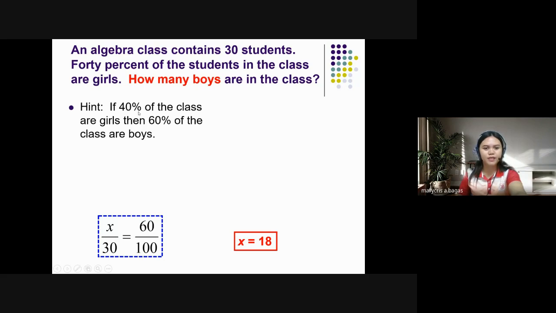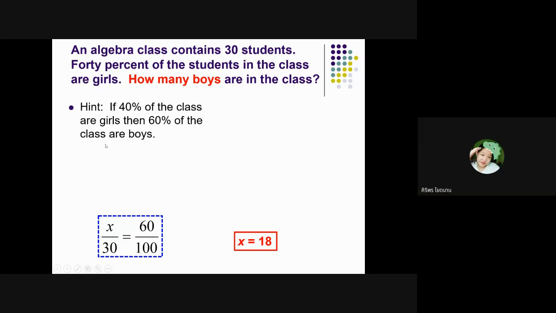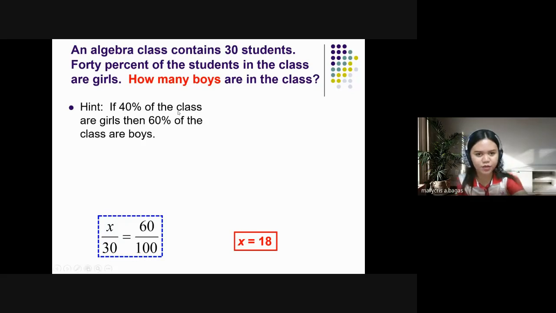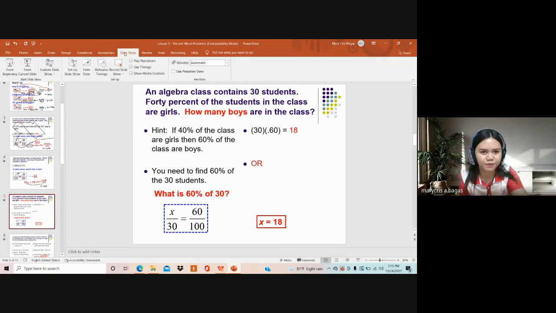So if 40% of the class are girls, then 60% of the class are boys. So we're going to use 60.